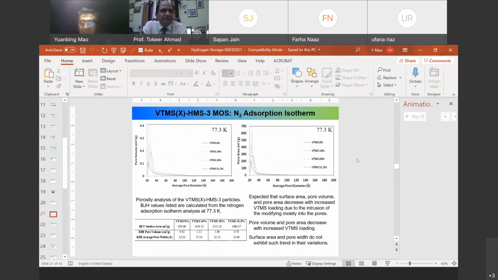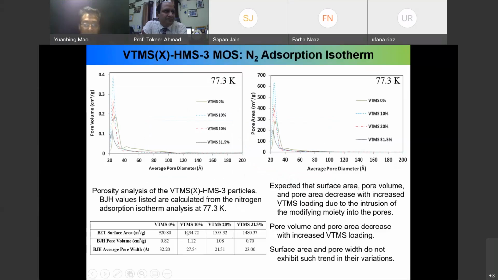Right here, you can see that, yes, it does increase. Especially at a certain amount with DMS, the pore volume also increased. But then the pore width decreased. And that's also understandable, right? Because basically we add the ligands on the surface of those pores.